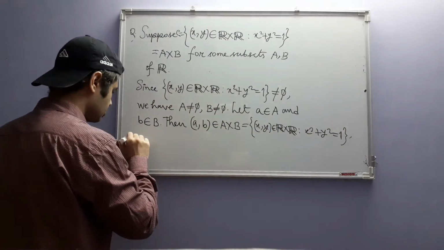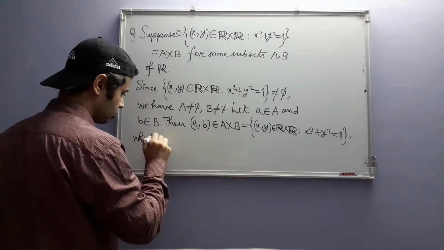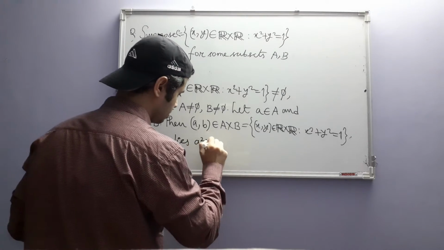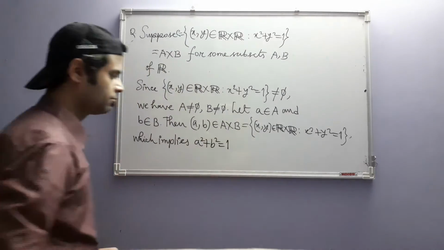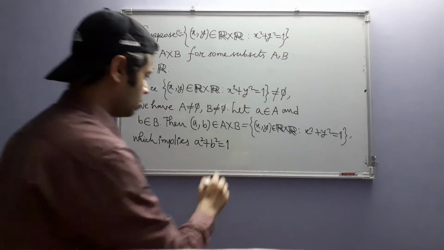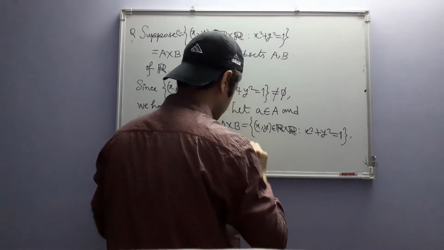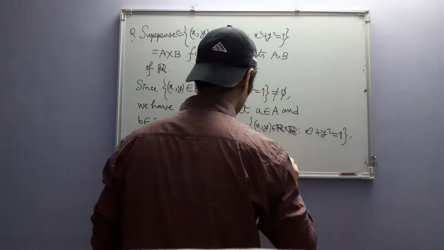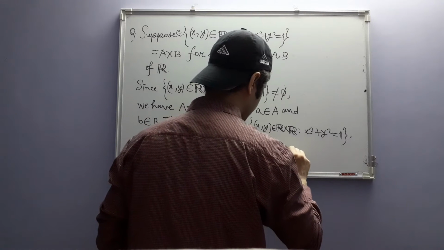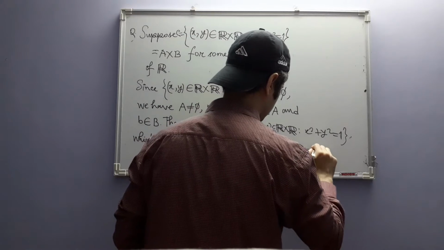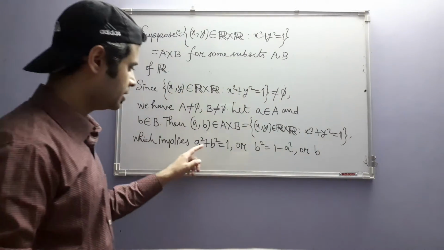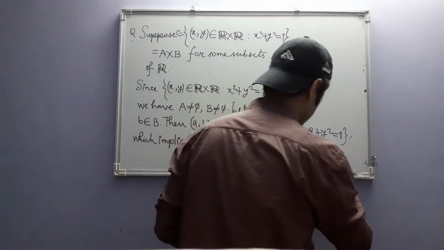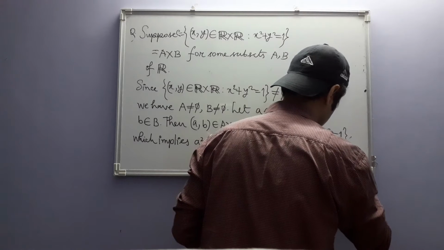But anyway, so because (a, b) belongs to this, which implies a squared plus b squared is equal to 1, or b squared is equal to 1 minus a squared, or if you try to solve this as an equation in b in terms of a, you will get these two values.